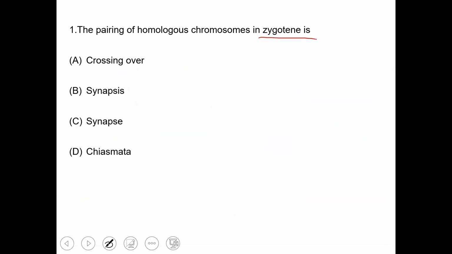So the pairing is called synapsis, also called synapse formation. Synapse, in the case of neurons, is where electrical impulses are transmitted from one neuron to another. Chiasmata is the X-shaped formation, and crossing over is nothing but genetic recombination, which takes place in the next stage, that is the pachytene.